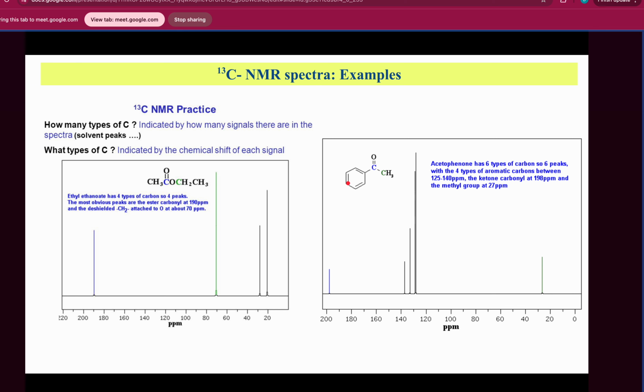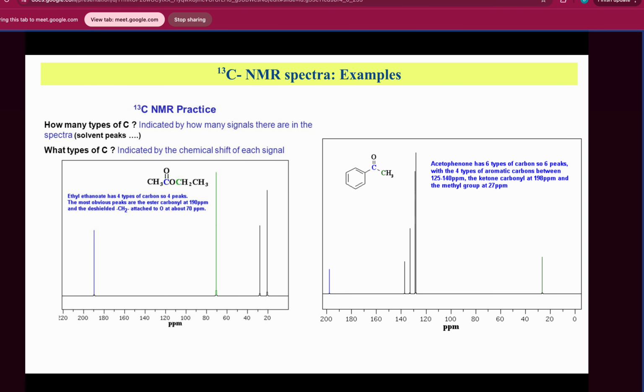So we have one peak from this carbon, one peak from these two meta positions, one single peak from both ortho carbons, and then one from the para position. So there are 1, 2, 3, 4, 5, and 6. There will be 6 different peaks which we will observe in this scenario because there are 6 different types of carbons present.